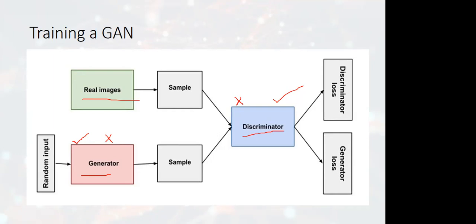So it is a common practice to train the discriminator a couple of times before updating the generator. For example, you can update the weights in the discriminator 10 times and then update the generator only once. Basically, give more weightage to the discriminator while training.